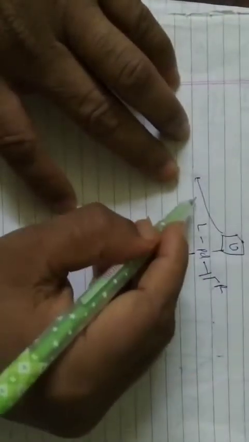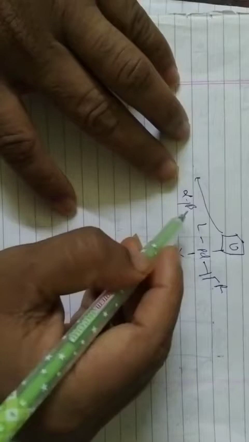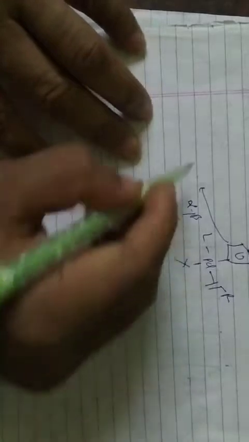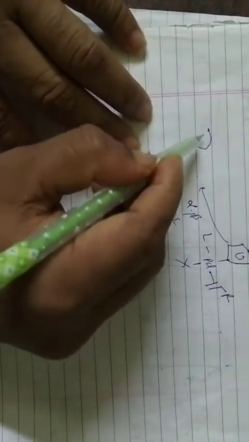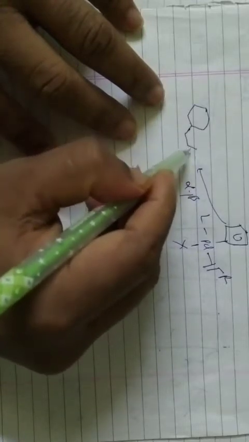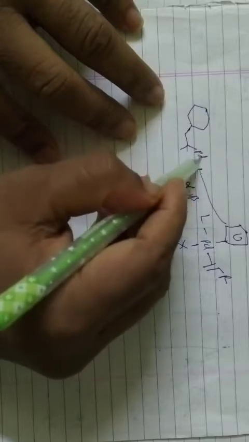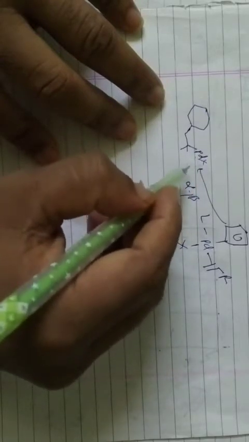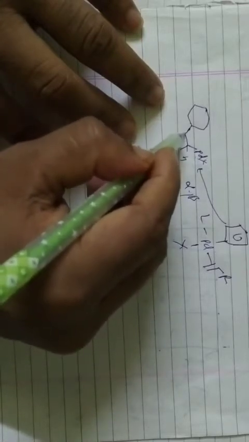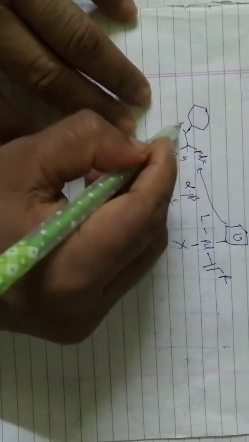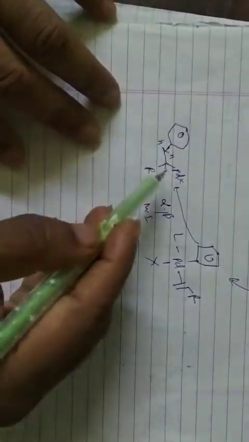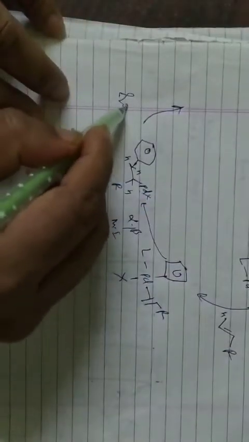Now here alpha beta migratory insertion happens, and you are going to get something like this: this is your palladium X, and this is your R, H, and H here and H here. So this is the compound you get upon this rotation.